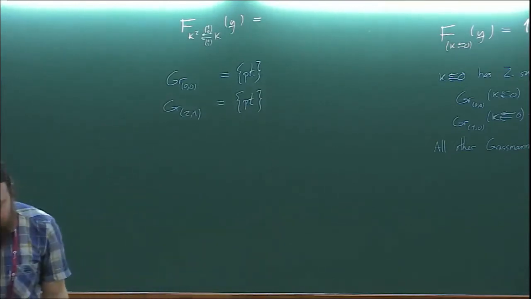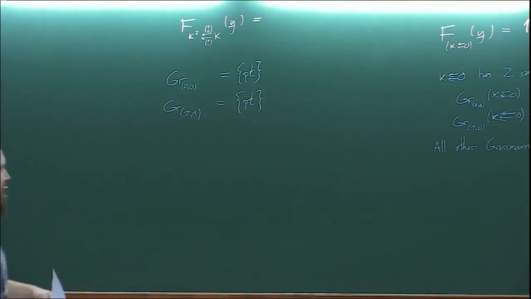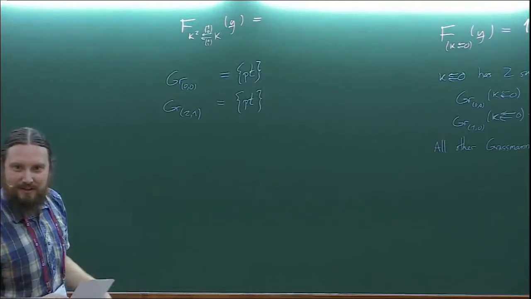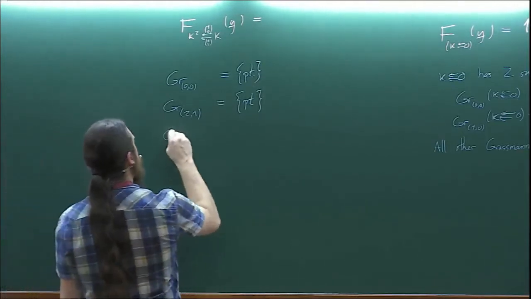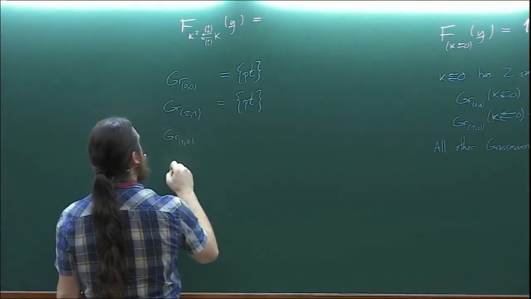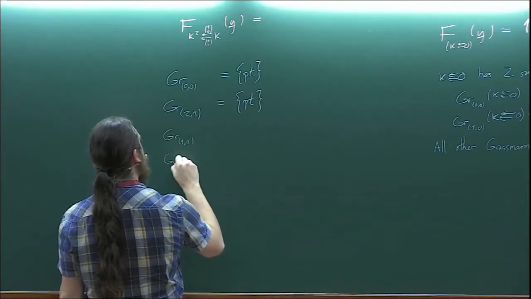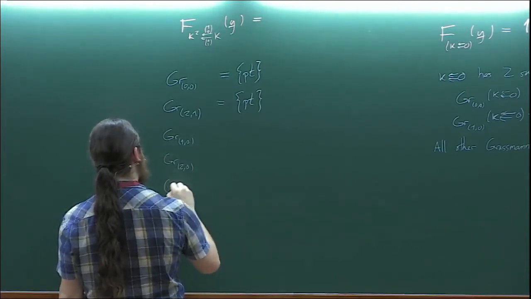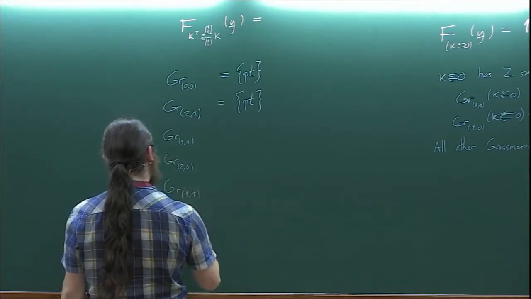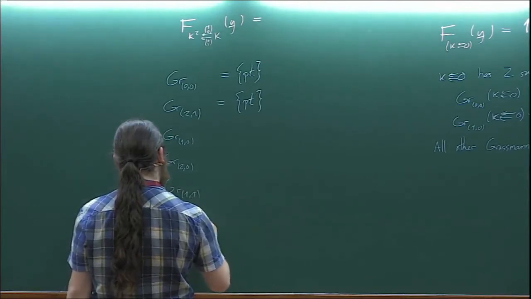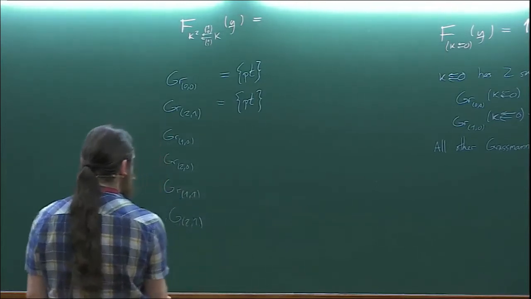And next we need to check all dimension vectors in between. So what are they? Let's write them down. Dimension vector 1, 0, 2, 0, 1, 1, and 2, 1. 2, 1 is already there.